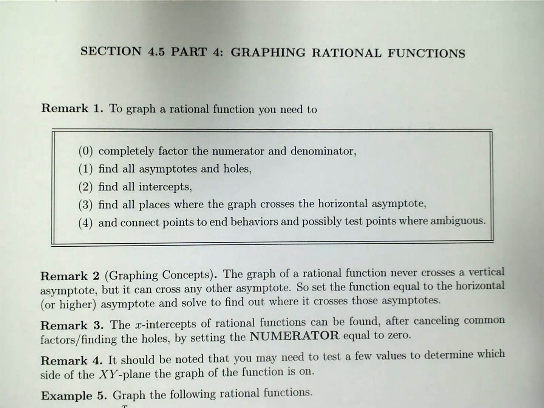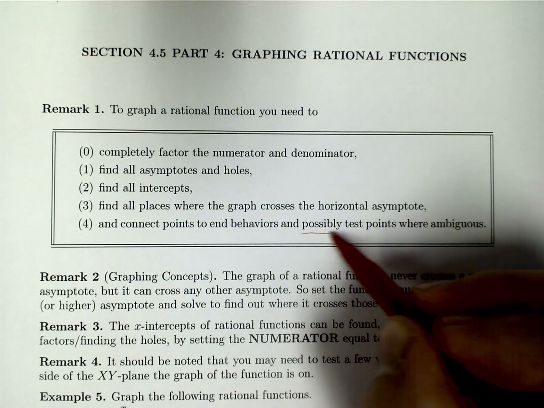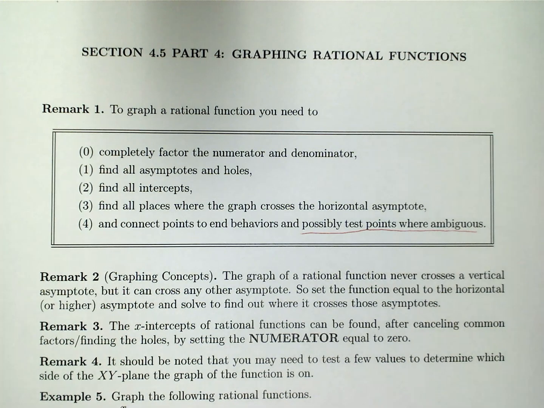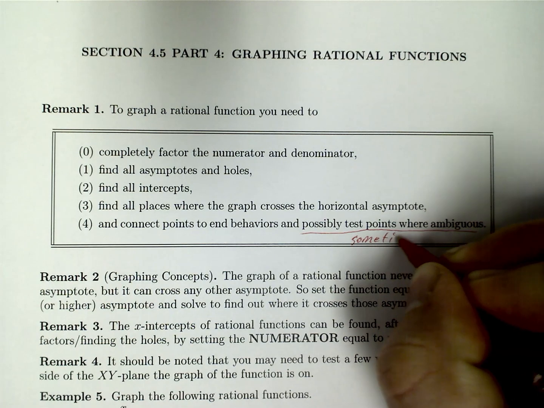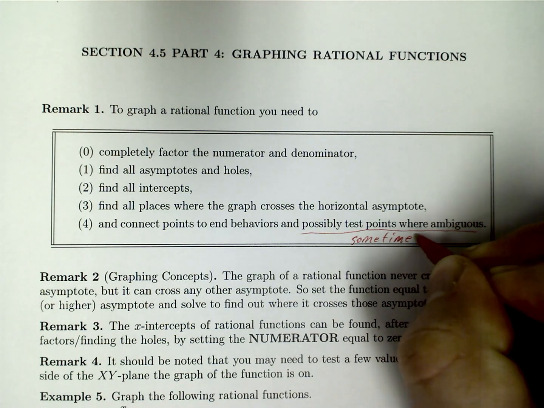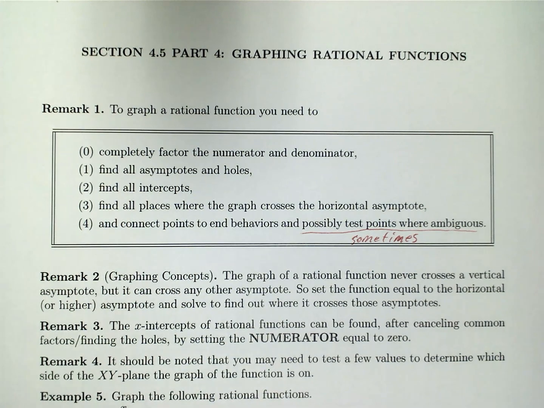You may possibly have to test points. That's not always required, but sometimes it is. So just like with the polynomial graphs, we're going to make a bunch of points and end behaviors, and we're going to try to connect them.